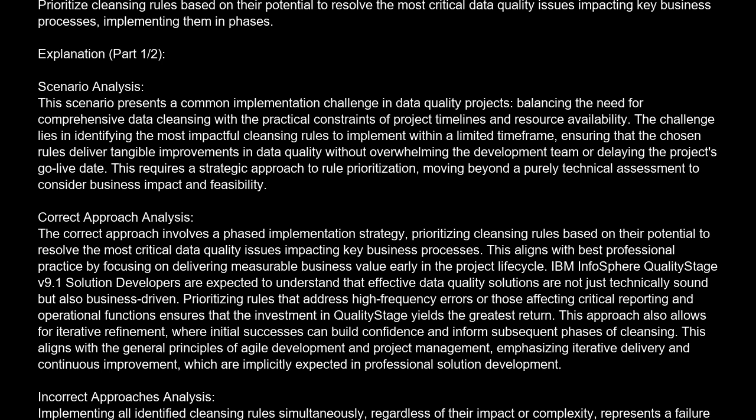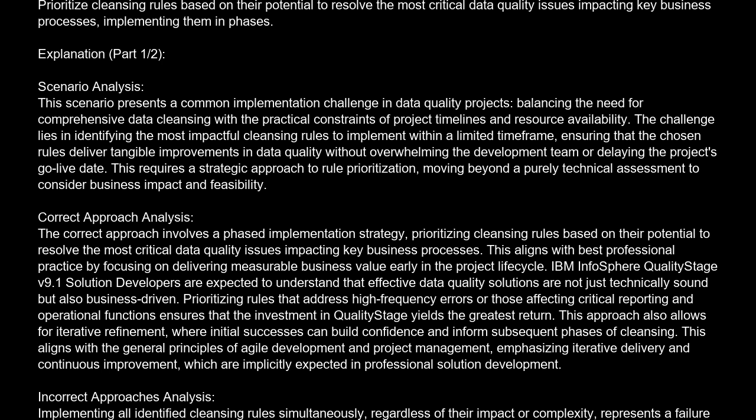This aligns with best professional practice by focusing on delivering measurable business value early in the project lifecycle. IBM InfoSphere QualityStage V9 solution developers are expected to understand that effective data quality solutions are not just technically sound, but also business-driven. Prioritizing rules that address high-frequency errors or those affecting critical reporting and operational functions ensures that the investment in QualityStage yields the greatest return.